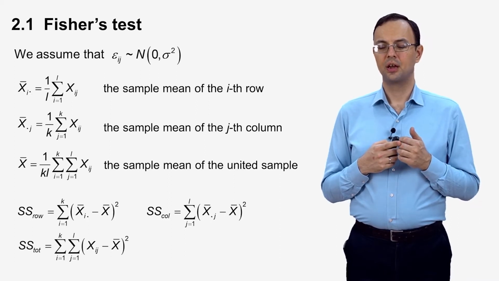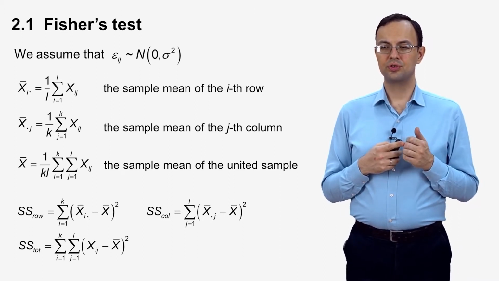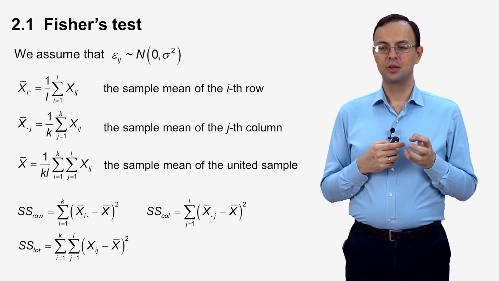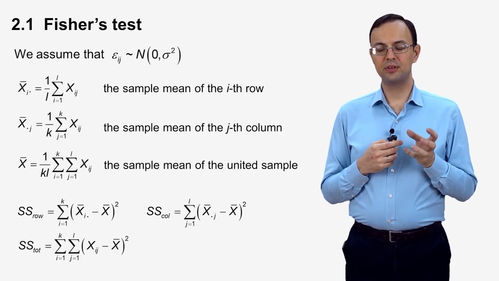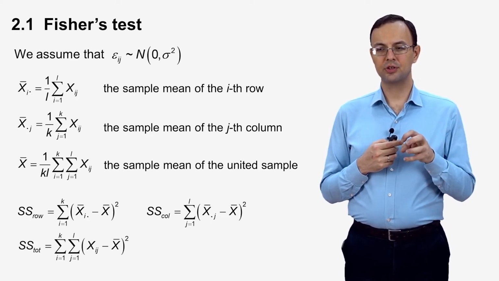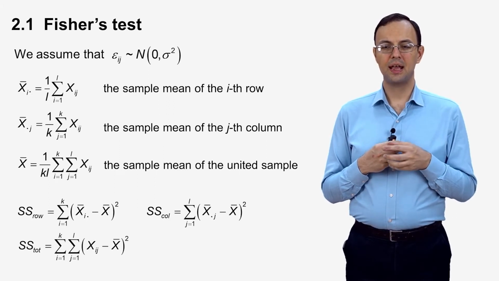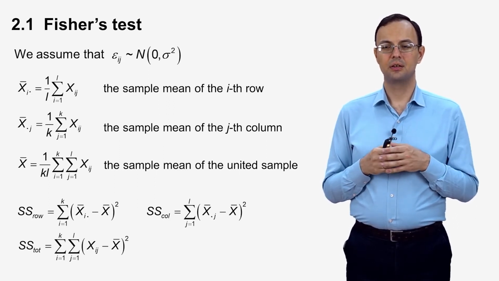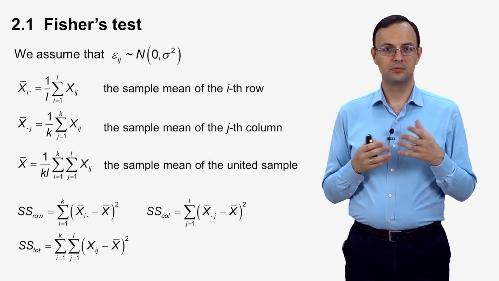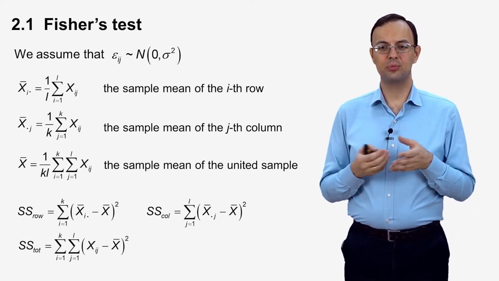So these formulas show us variation between the rows, variation between the columns, and total variation within the united sample.